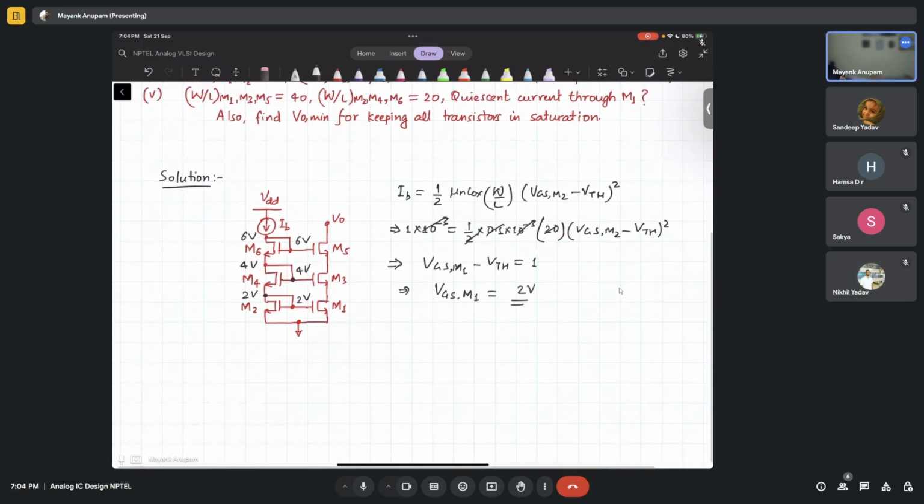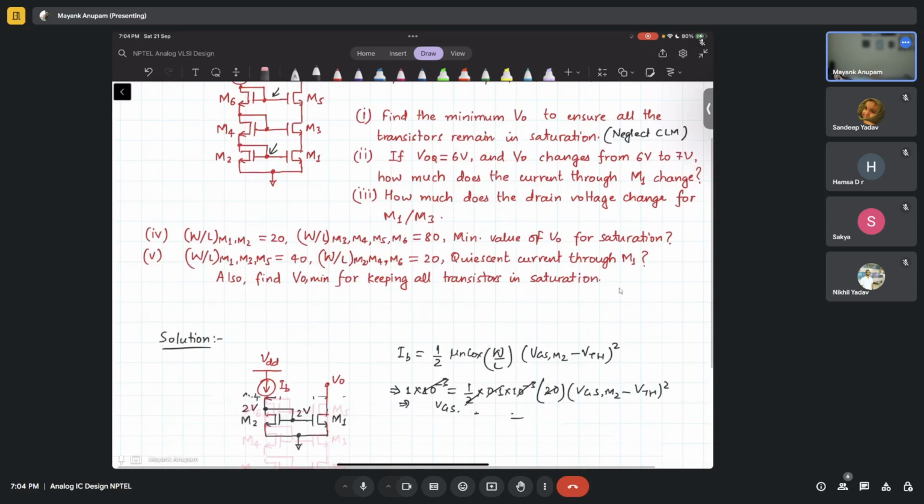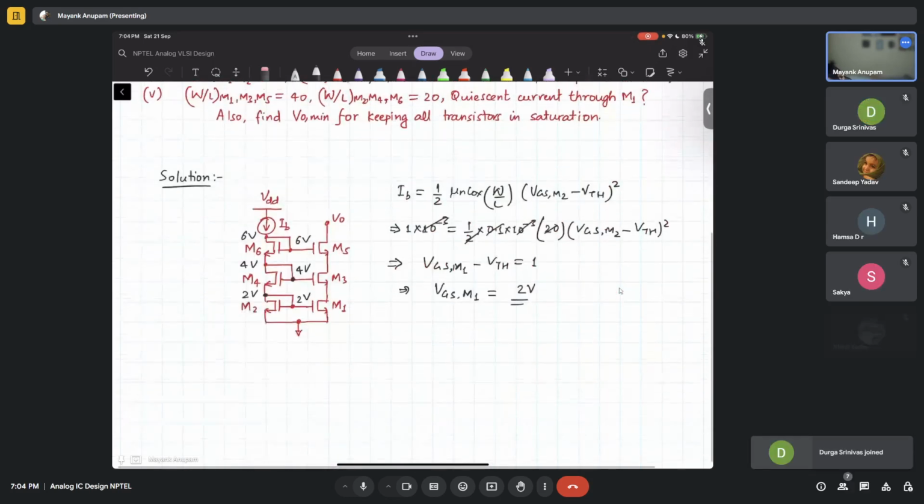So basically the same current IB has to flow through all the three MOSFETs, right? So what is the voltage that is going to appear here? VGS minus VTH. So it will be same 2 volts, right?